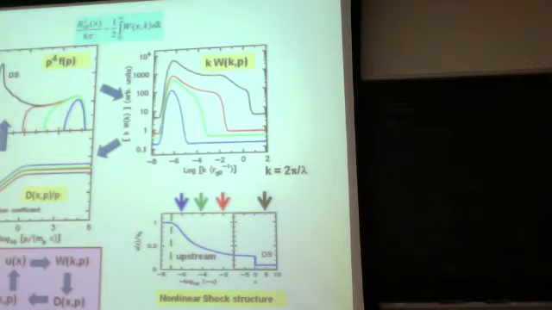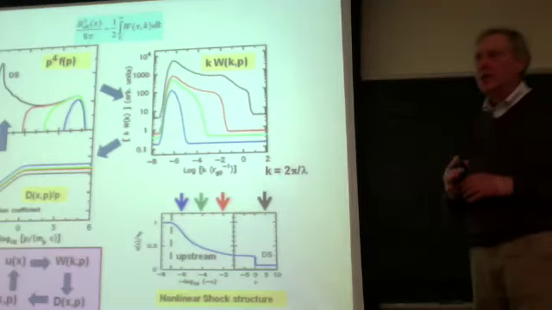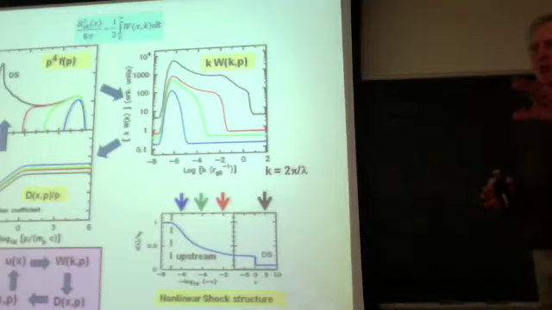The generic character on the upper right is blue to black: you're sampling the larger scales in blue, and the nearest scales to the shock, and you're just moving your scales as you go closer to the shock. You get the smaller scales when you sample. Therefore this is the large scale, this is small scale. And the large scales are generated very far upstream. So Kurt, I hope I answered your question, but we characterize it as delta V over V, but we never use that parameter in the model. We calculate the turbulence.